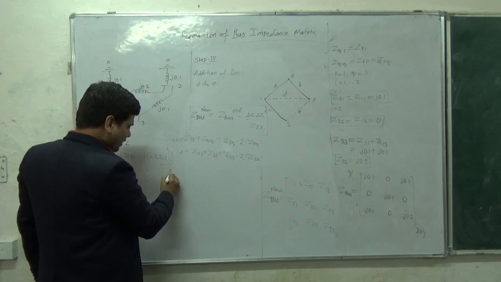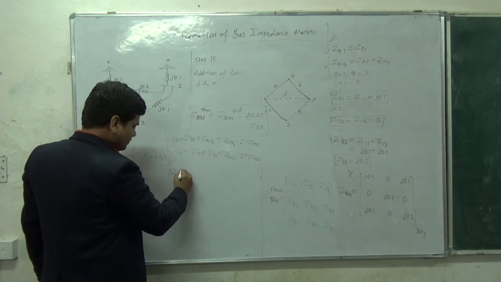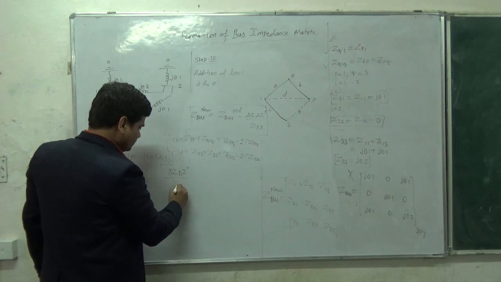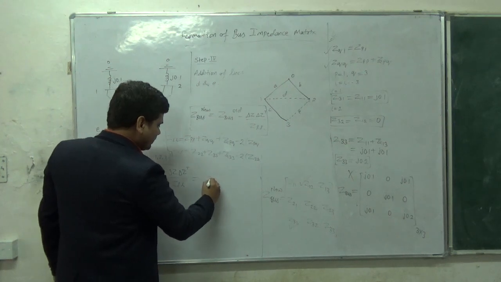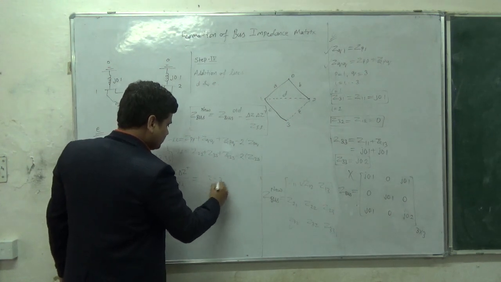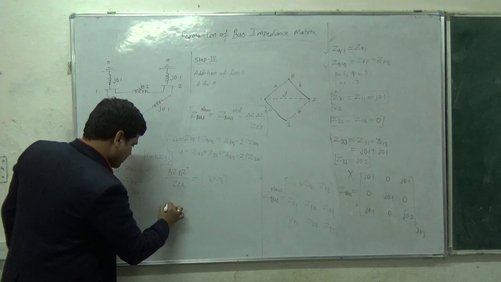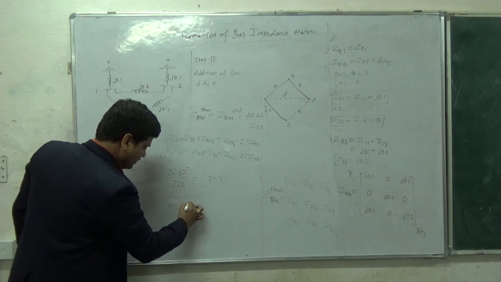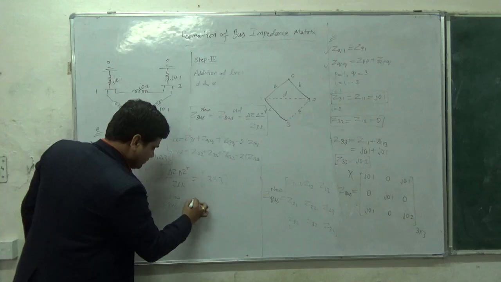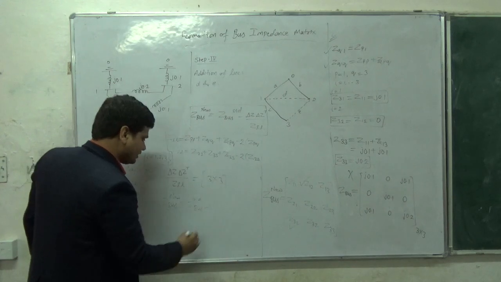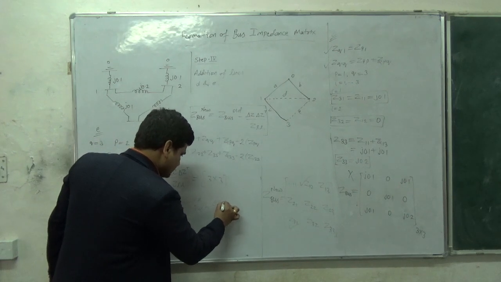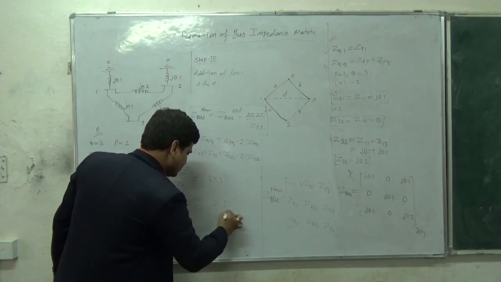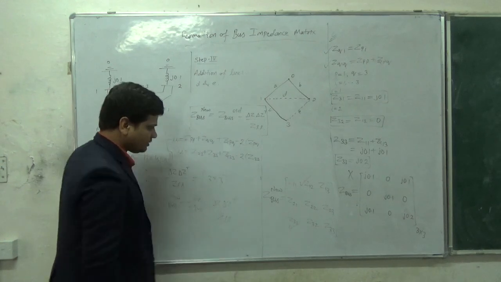After that, find again del Z transposed upon ZLL. You will get a 3 cross 3 matrix. Now again your Z bus new will be Z bus old minus del Z transposed upon ZLL.